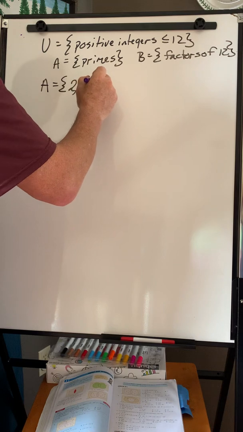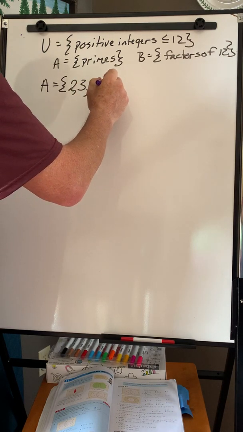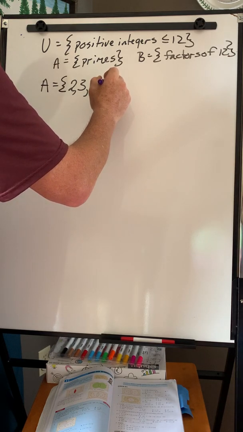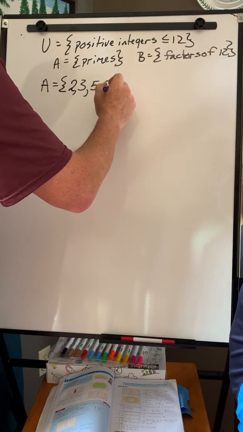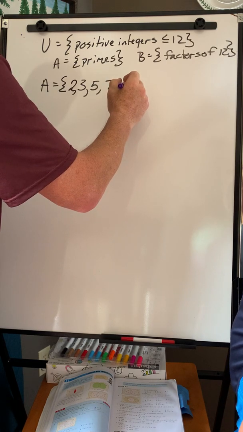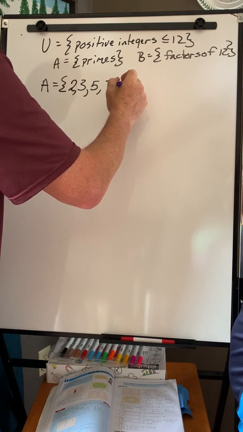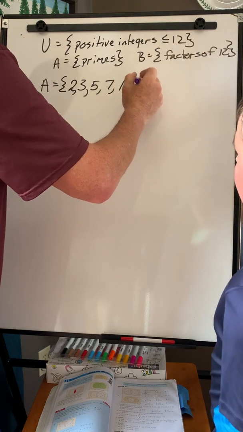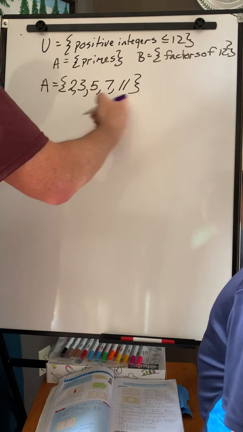No. 5? Yeah. 6? Nope. 7? 7, yes. 8? No. 9? No. 10? No. 11? Yes. Okay. So those are all the elements of set A.